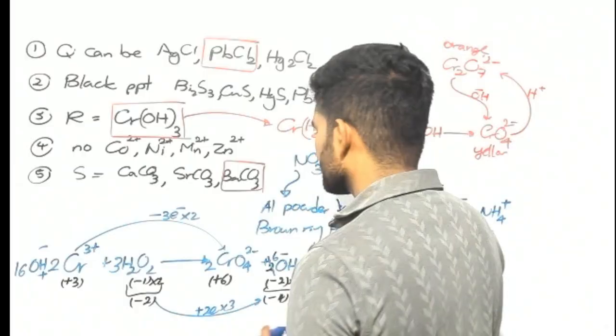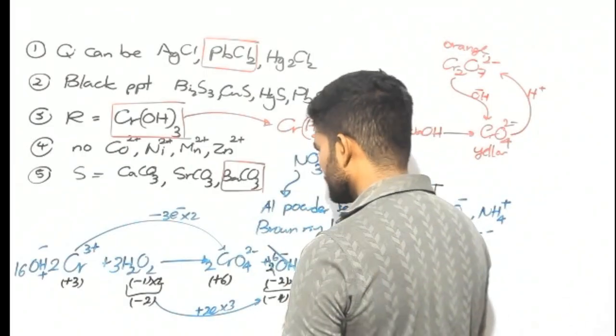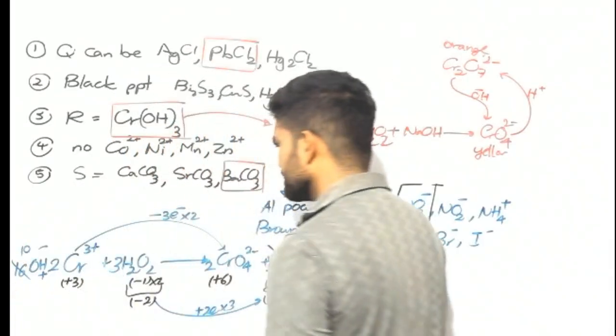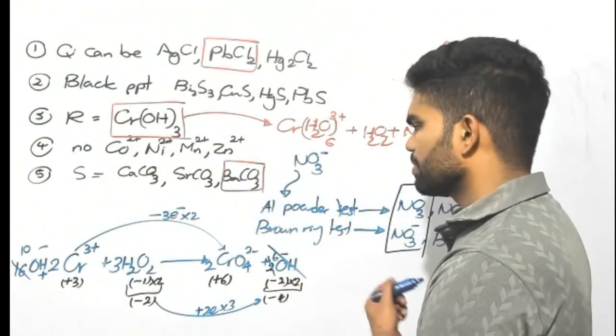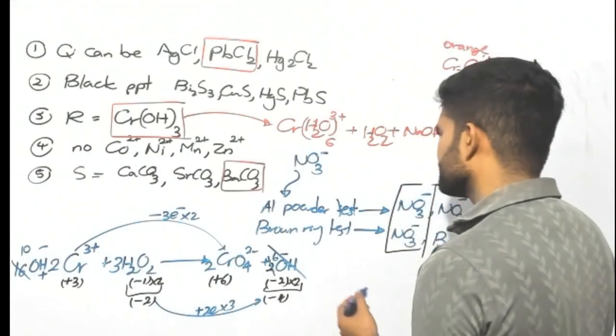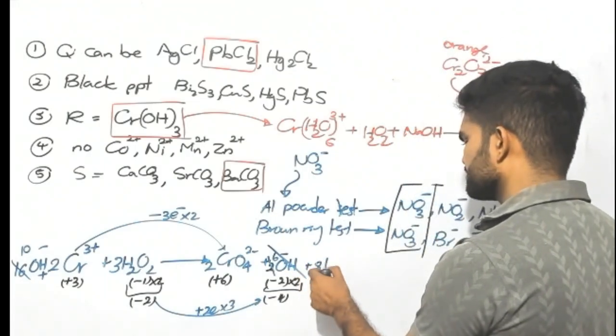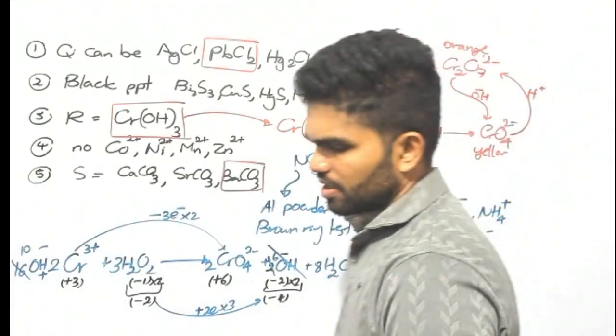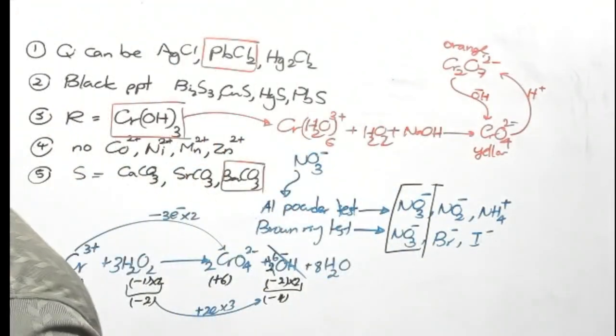You can see the 6 OH cancel, then 10 OH will remain. Finally, you have to add water. You have 10 hydrogen and 16 hydrogen atoms, so you have 8 water. Understood? 8 water. That's how you balance it.